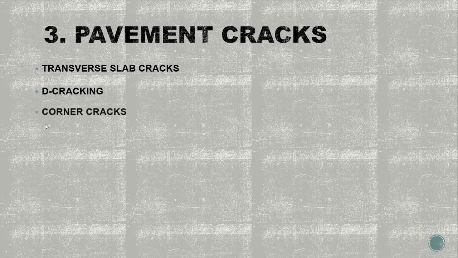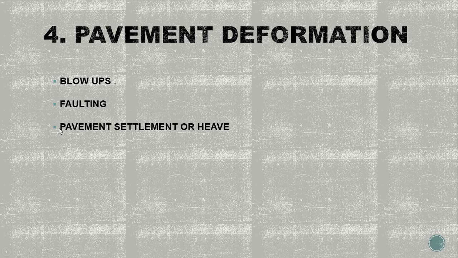The third is the pavement cracks. This includes the transverse lap cracks, corner cracks, and minor cracks. The pavement deformation includes the blow-ups, faulting, pavement settlement or heave, and utility repairs, patches, and potholes.